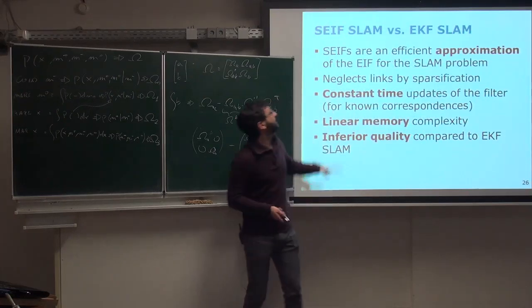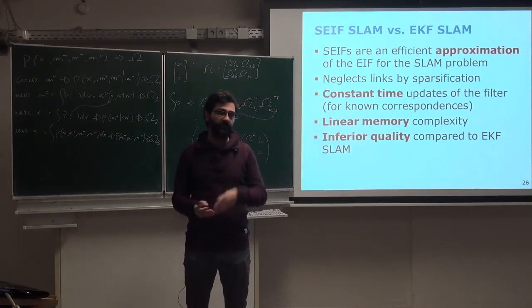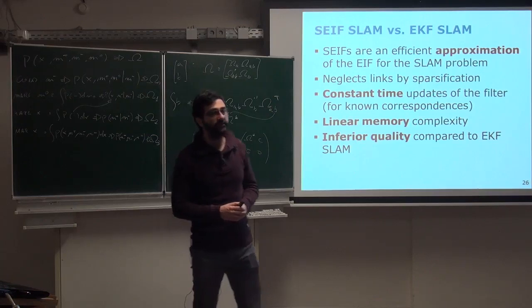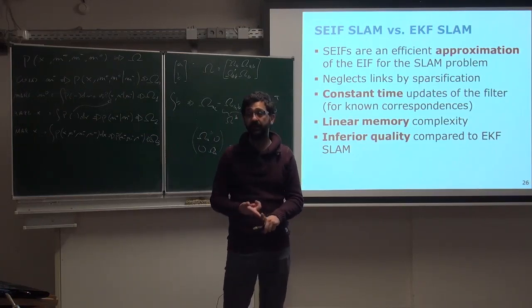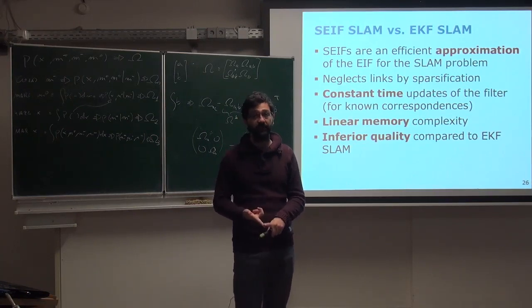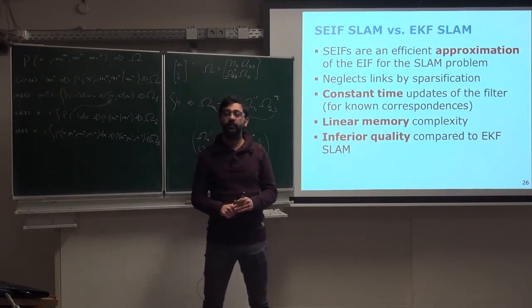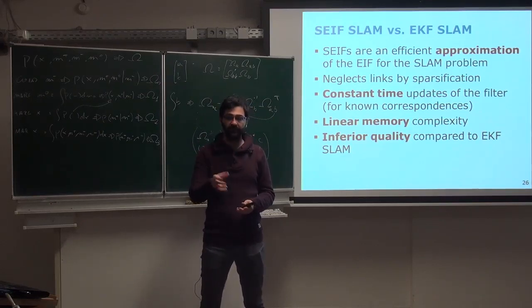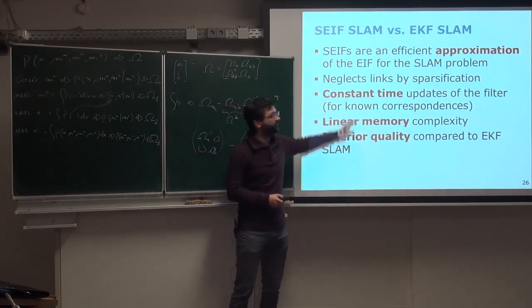The difference between SEIF and EKF SLAM, or UKF, which are on the same level of complexity, is that we're basically trading off efficiency with accuracy. So we have a roughly constant time update. For now, we're just looking at the case where we have known correspondences.